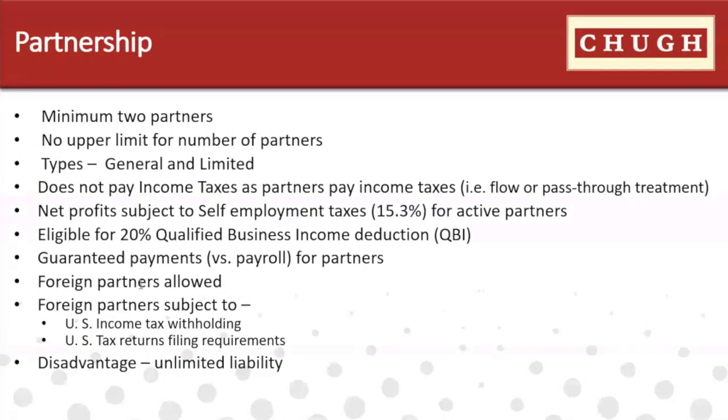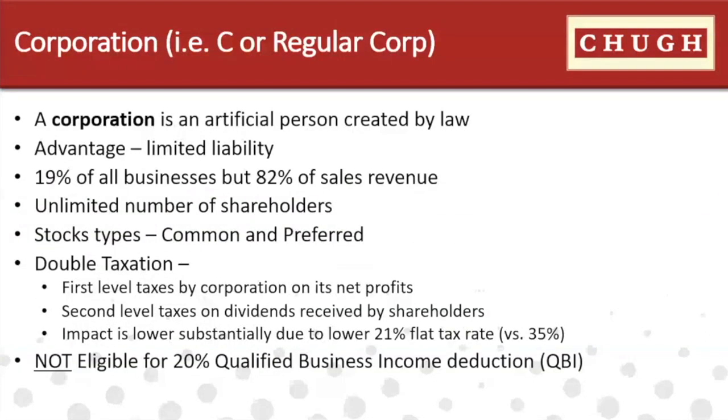Oh, okay. This 15.3% you pay along with your tax return, so once a year, when you file your income tax. But if the threshold is met to pay estimated taxes, then individual partners have to pay quarterly. Understood. Advance taxes.